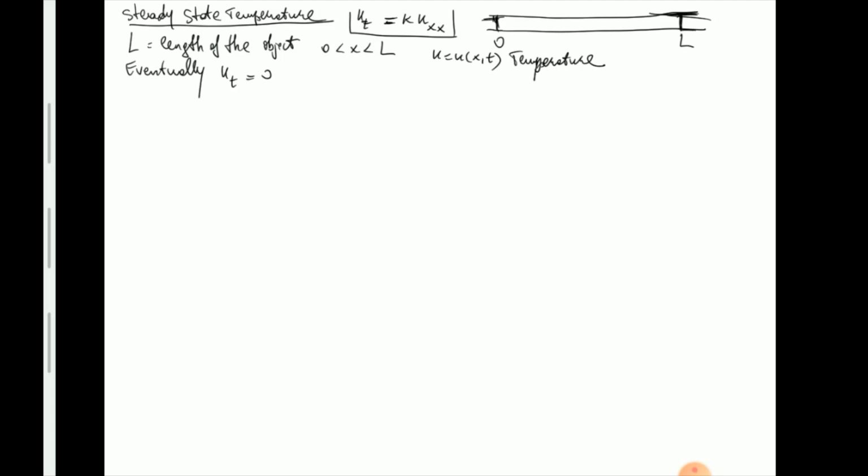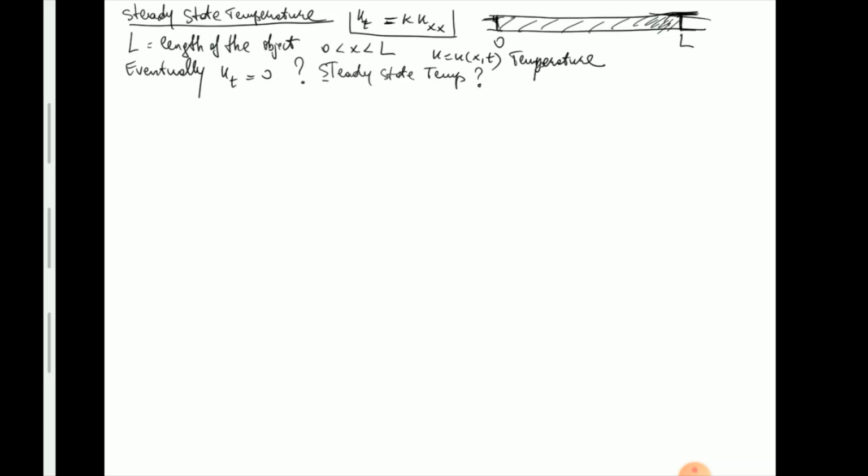So eventually the temperature doesn't change with respect to the time t. And in that case, the question is, what is the steady state temperature? What is the eventual temperature with respect to x?